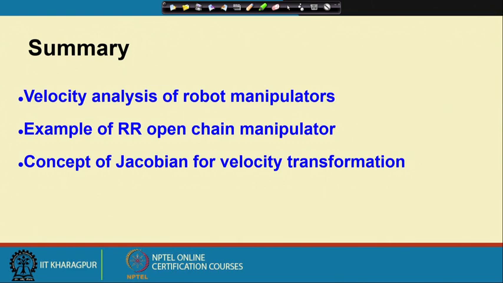So, let me summarize what we have discussed in this lecture. We discussed the velocity analysis problem of a 2R manipulator. We have looked at the velocity relations between the end effector velocity and the joint velocities, and we found that these relations are linear, and the factor which relates these two velocities through the linear relation is the Jacobian.